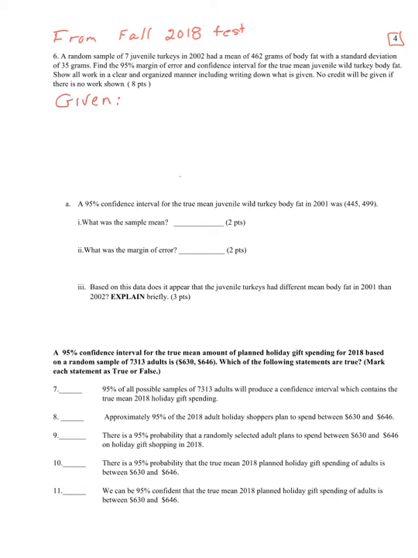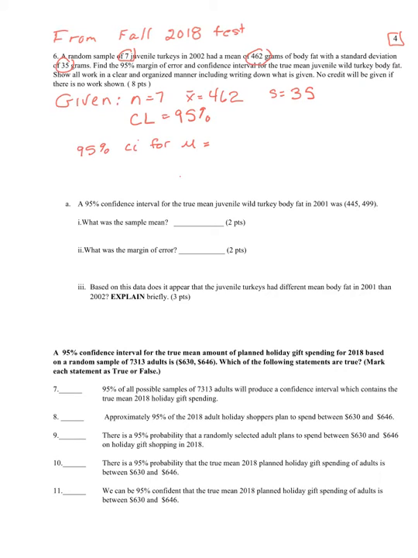So let's first of all write down the givens. Okay, so we have n equals 7. We have x bar, sample mean of 462, and a standard deviation of 35, and we desire a confidence level of 95%.